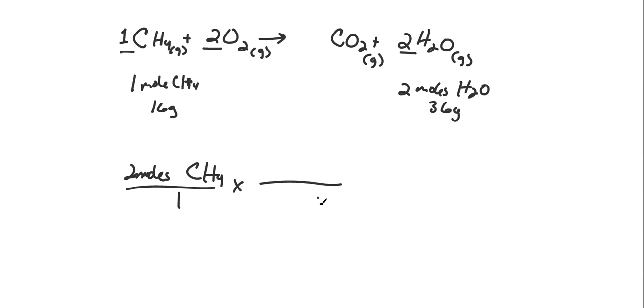So put what we will have on the bottom. We got 1 mole CH4. That's what we want to get rid of. And we know it makes 2 moles of water. So multiply that out. 2 times 2, you get 4. 2 moles of methane will give you 4 moles of water.